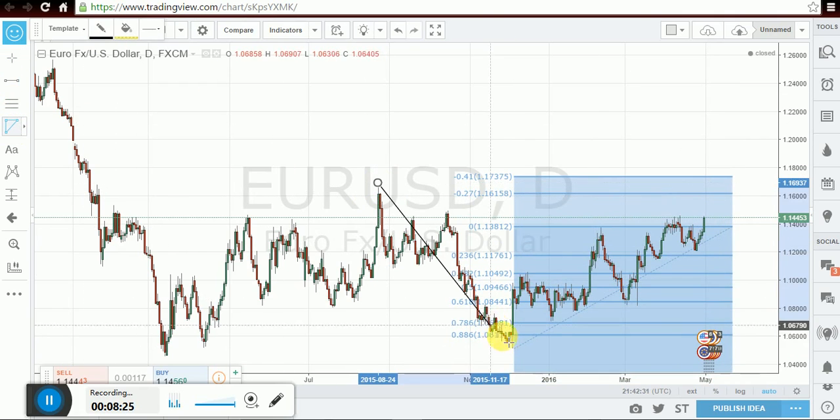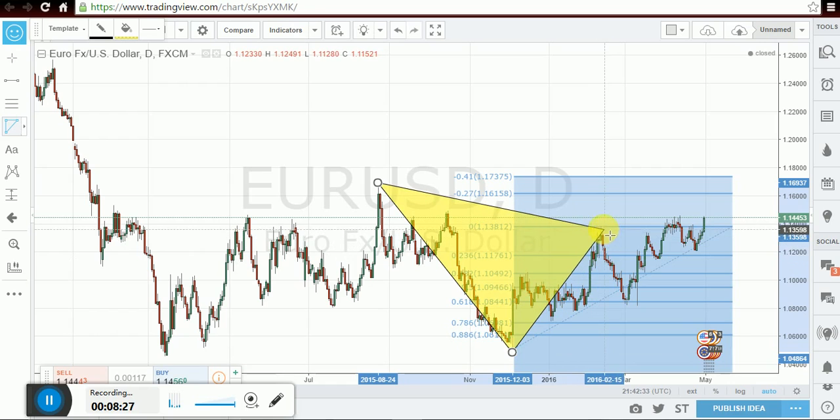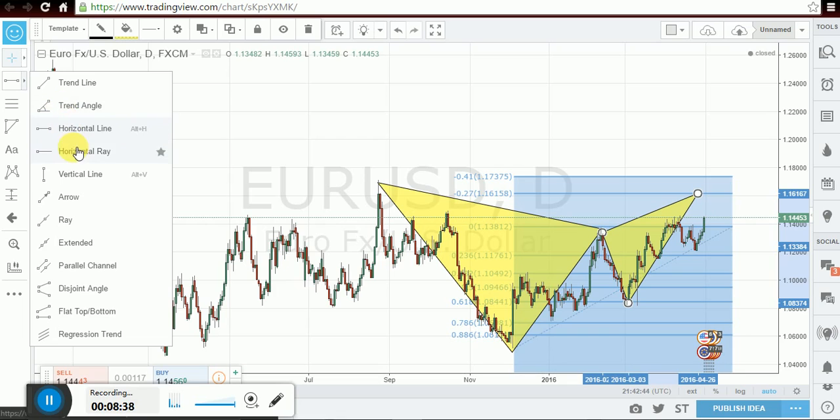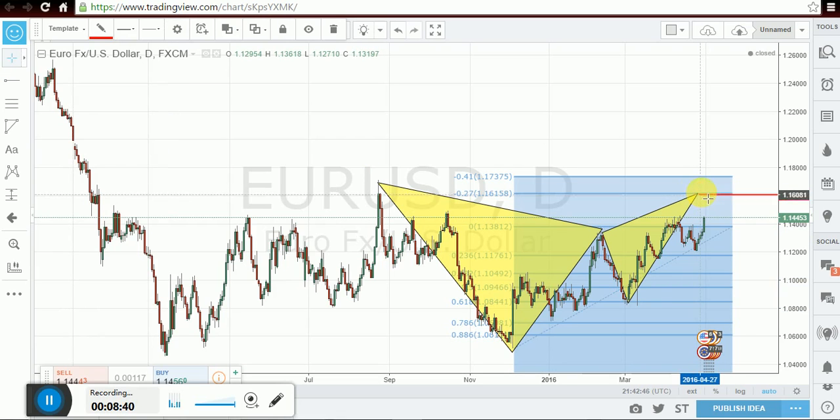So let me just draw the pattern for you guys. So a potential bearish Gartley pattern completing at that level.